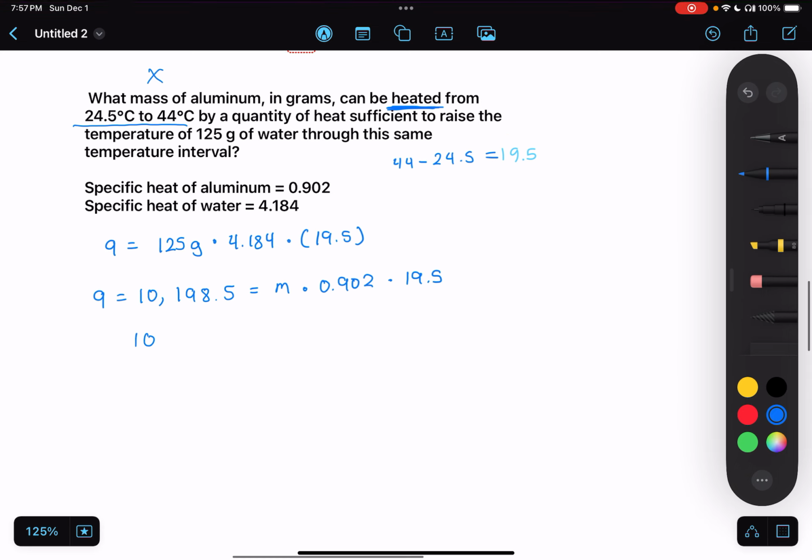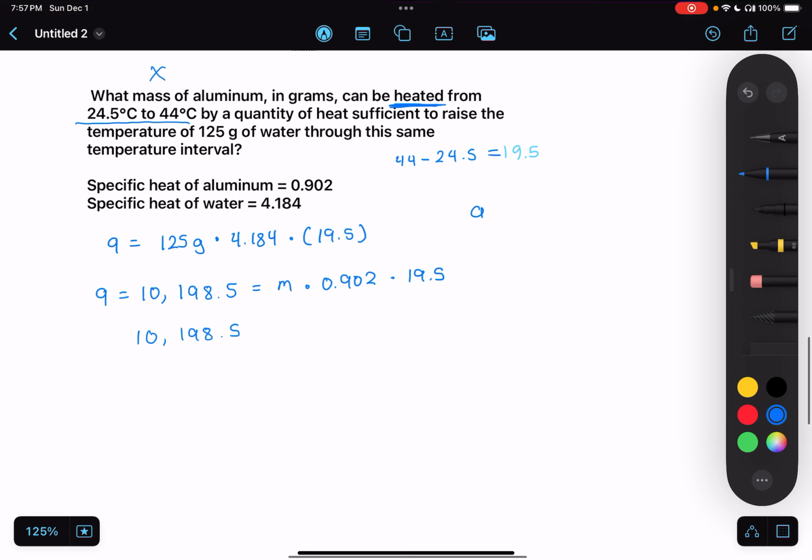So 10,198.5, and let's just do this one right here. 0.902 times 19.5 equals, let's see what we get, 17.589.